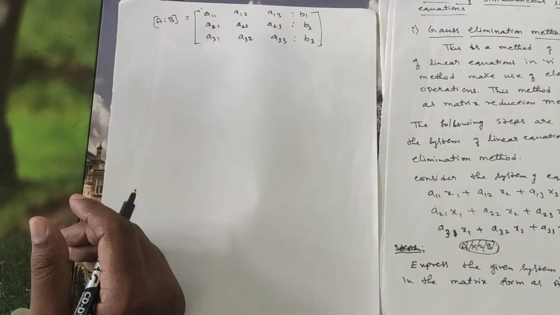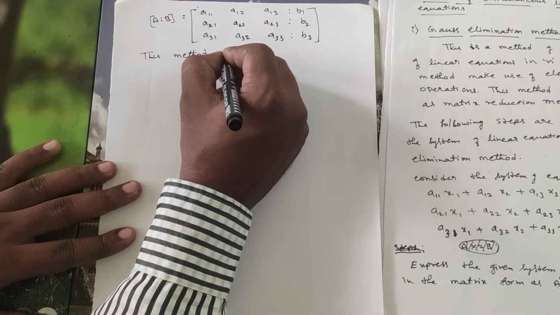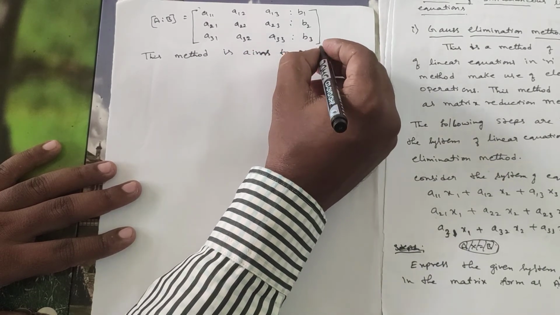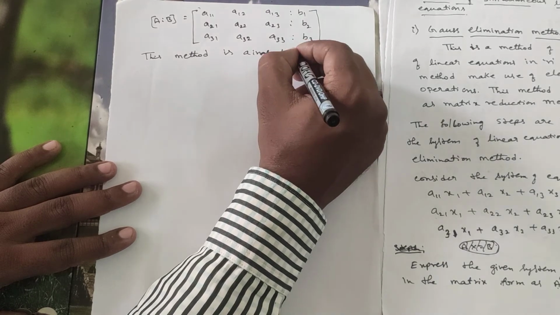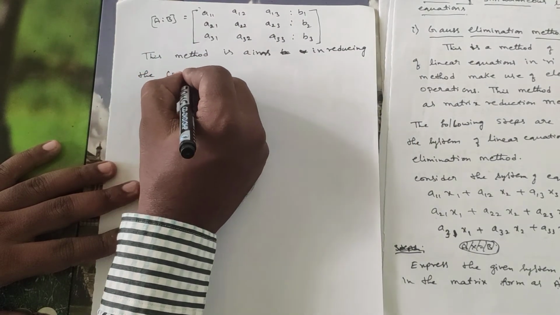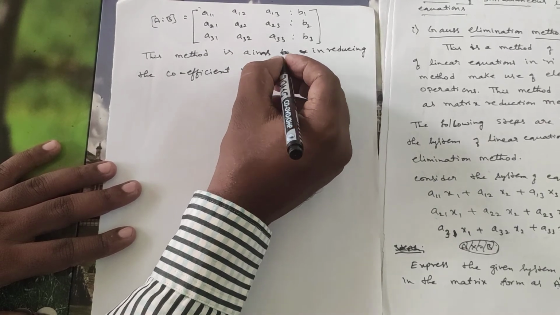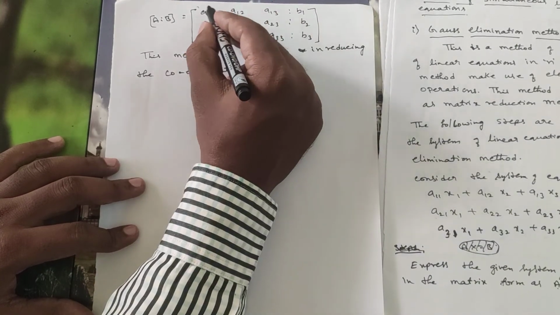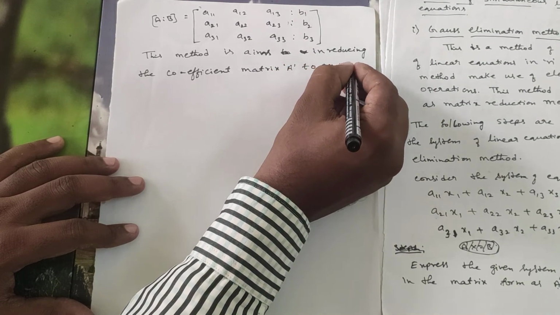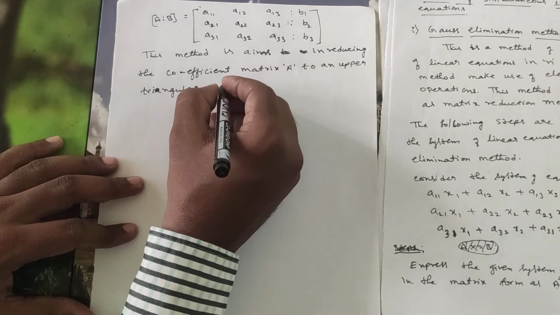Now here this method aims at reducing the coefficient matrix A, I am talking about the A portion, not b1 b2 b3, to an upper triangular matrix.